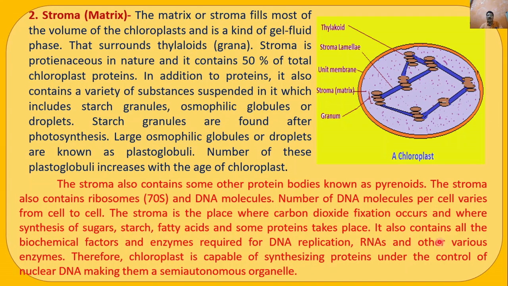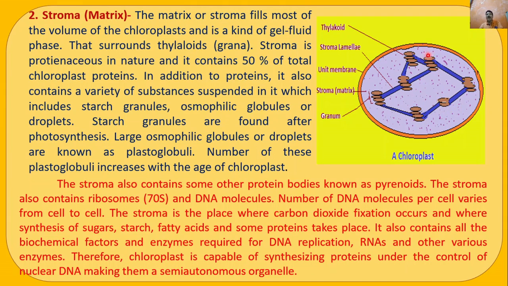So it also contains all the biochemical factors and enzymes which are required for DNA replication, RNAs and various other enzymes. Therefore these chloroplasts are known as semi-autonomous organelles, because this stroma contains very important enzymes, then DNA, RNA and other different types of components which are required for protein synthesis.